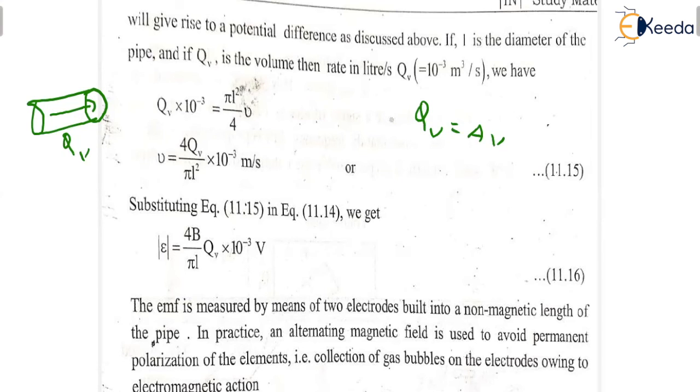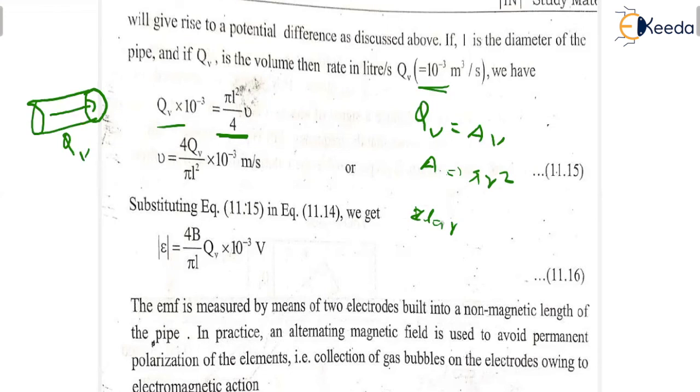Here this will be in liters, so I need to take qv into 10 power minus 3. Here A is equal to pi r square, but with the diameter, 2r equal to l.